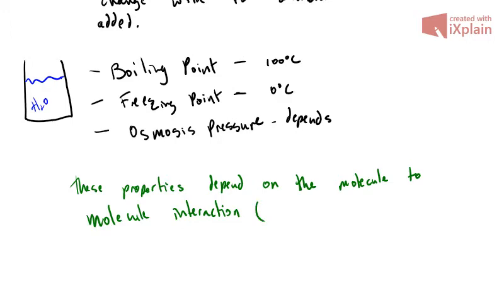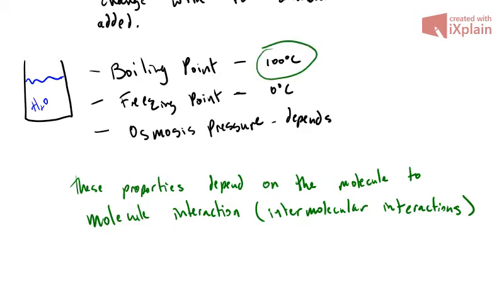This is also known as intermolecular interactions or forces. So based on these molecule to molecule interactions, water has a boiling point of 100 degrees Celsius and a freezing point of 0 degrees Celsius based on its intermolecular interactions.